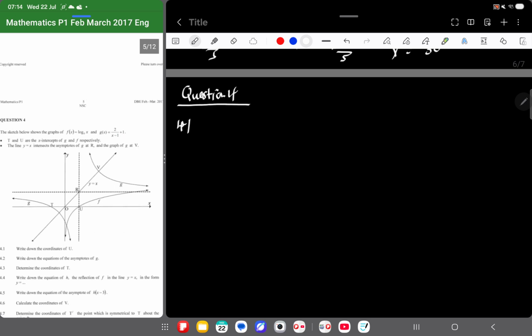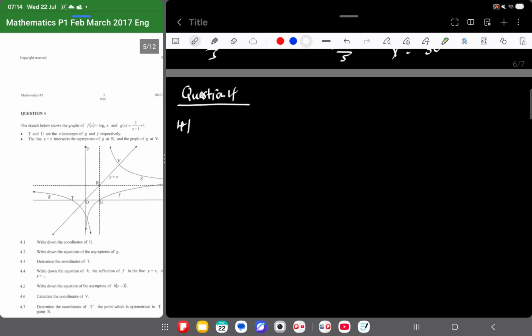That x minus 1 gives you the asymptote of g, and U lies on the vertical asymptote of g. To get that, you set it equal to 0, and it's on the x-axis. It's just one mark. U coordinates are going to be (1; 0).